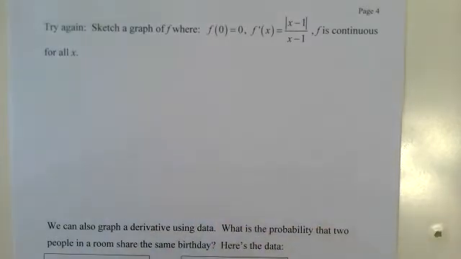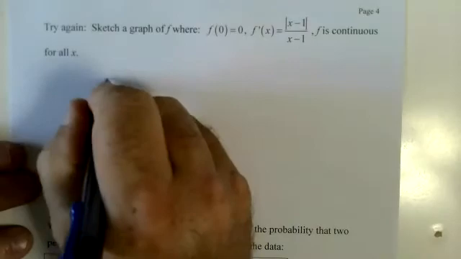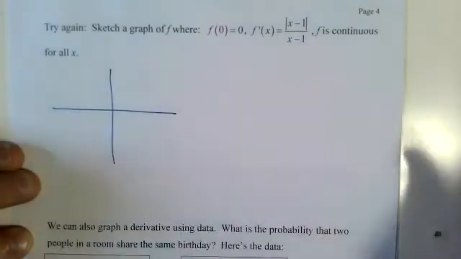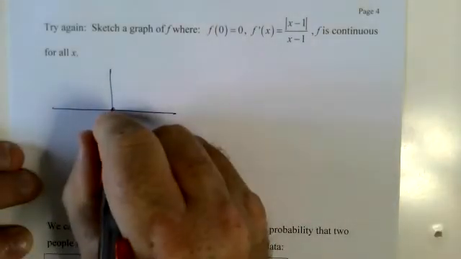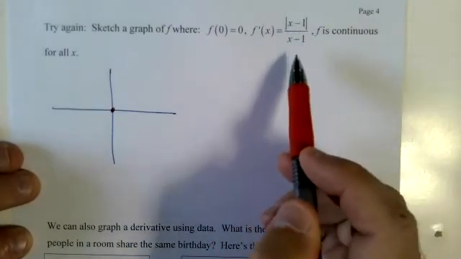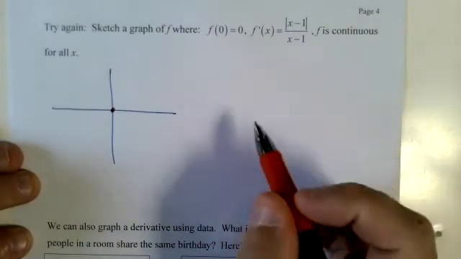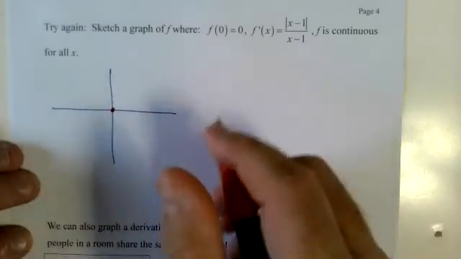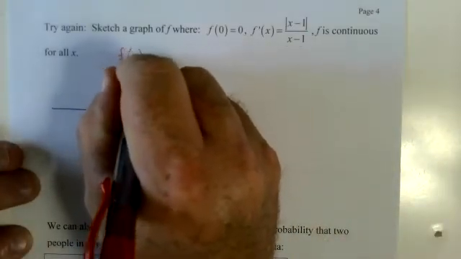Let's have some fun. Sketch a graph of f where f of 0 equals 0. f prime of x equals what? With x minus 1 over x minus 1. Well, that's my f graph.